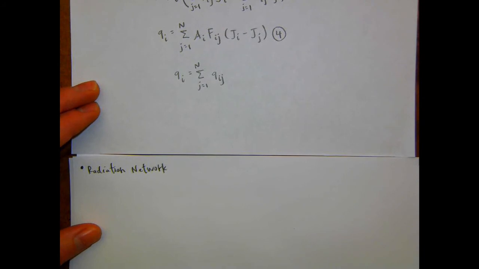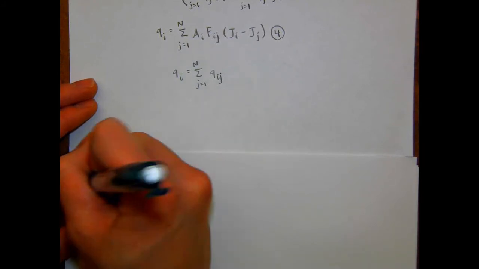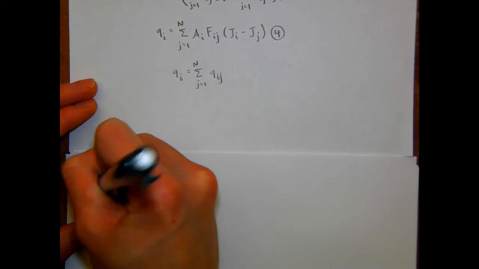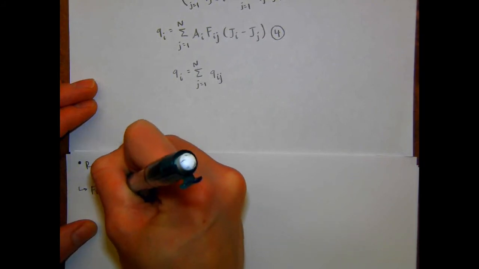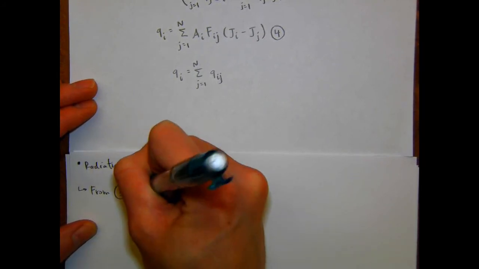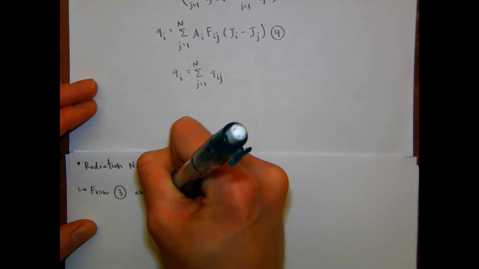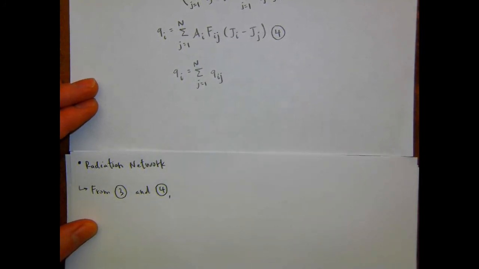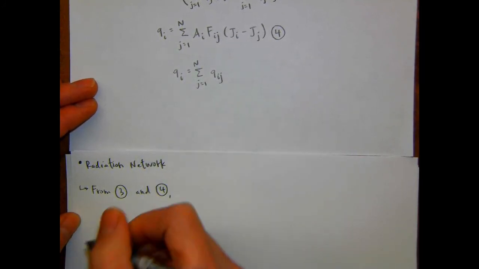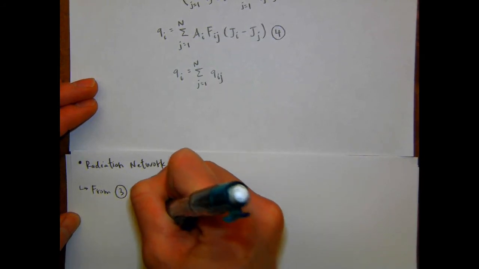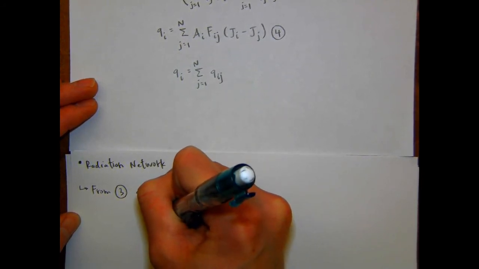And again, use the idea of circuit networks for analyzing radiation exchange. So from our expressions 3 and 4, they're both equal to Q sub I, so we can set them equal to each other.